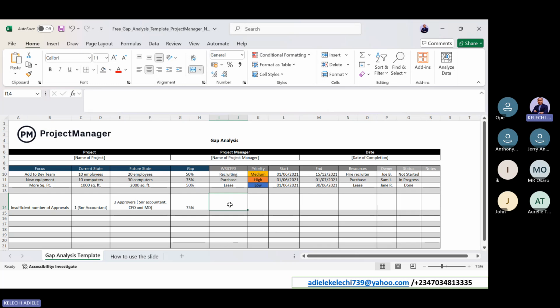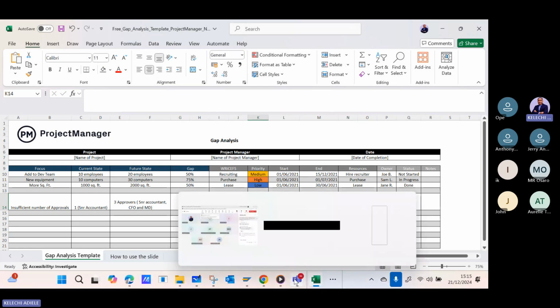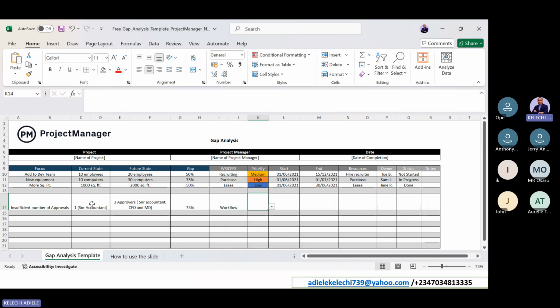What we use to close this gap in RISEF is workflows. So we'll say this needs a workflow, because in closing gaps, a workflow is what you use to attend to authorization issues.